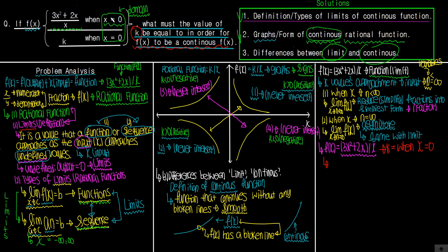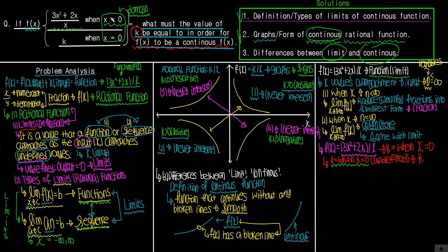Because the k value is when x is equal to 0, which means the function is undefined when the x value is equal to 0, and that value is going to be k. That is the same as when the graph has a broken line at x equal to 0.